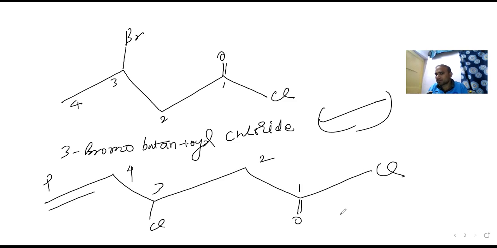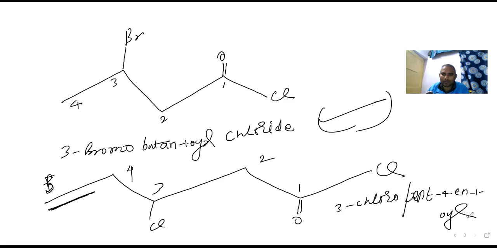So 3-chloro, pentane, pentanol, and there is a double bond here, so pent-4-ene. 3-chloropent-4-en-1-oyl chloride.